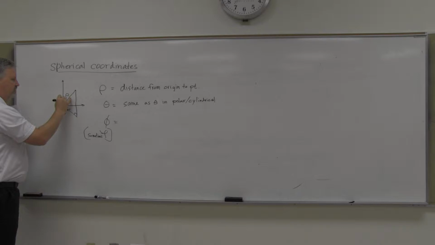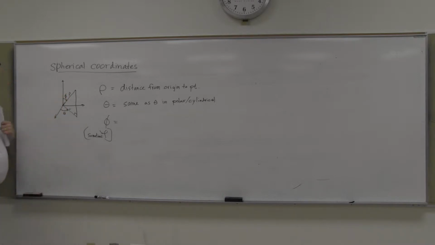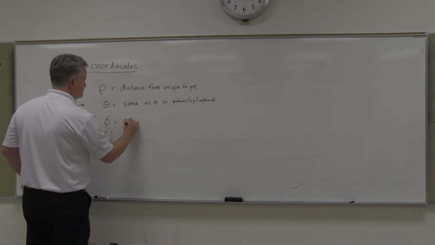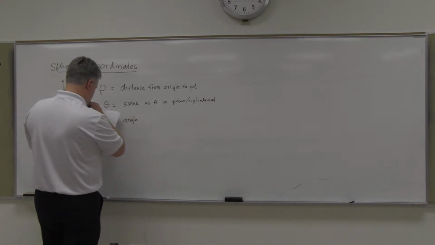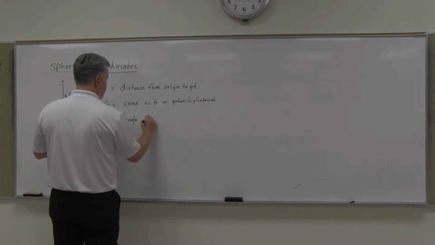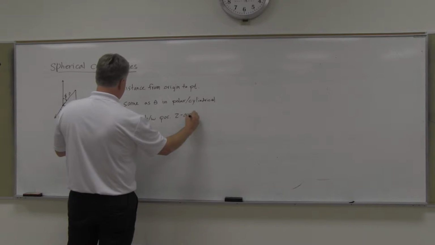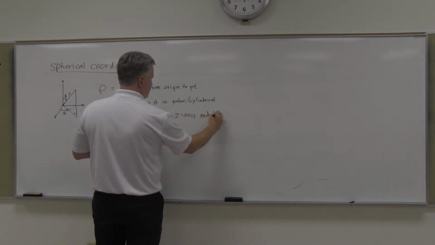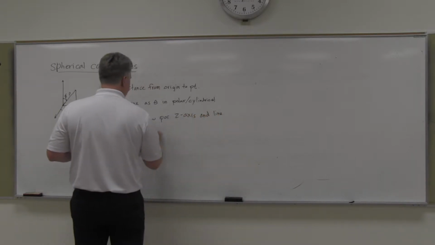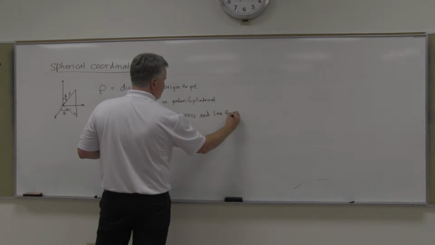So phi is right here. So phi is the angle from the positive z-axis and the line between the origin to the point.